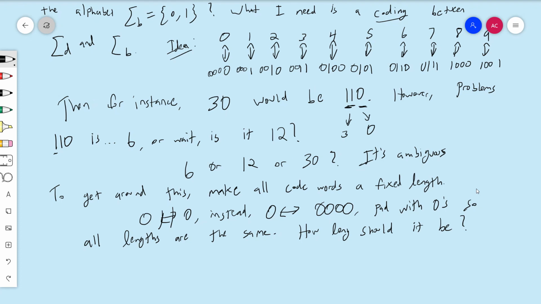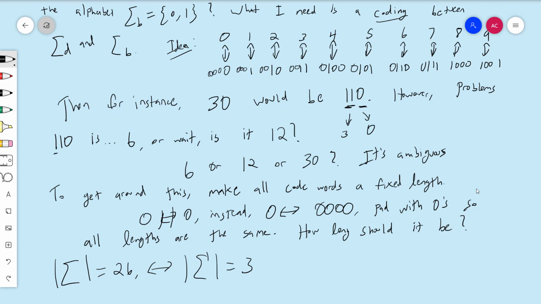If I have a sigma, an alphabet that's length, I don't know, 26, and I want to code that in this manner using a new alphabet that's, I don't know, 3 symbols, how do I know how many symbols in sigma prime are going to equate to a code word for a single symbol in here? And the answer to that is, I'm just going to write it down. I'm not going to say this in too much detail.